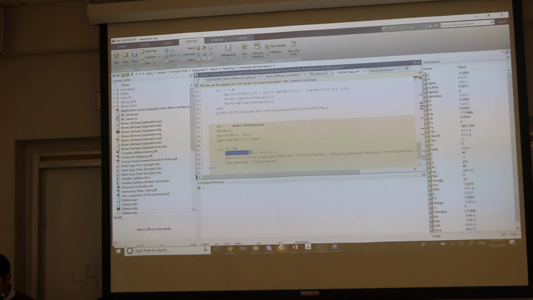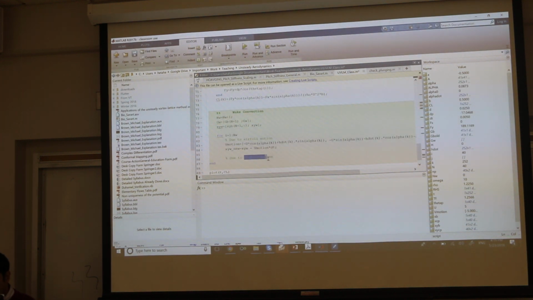The second part, we said this is due to airfoil motion, then due to, you said, bound vortices, right? So due to bound vortices, what should I do? Biot-Savart, for each bound vortex on this point. Each means a for loop, J equals 1 up to what? N bound vortices, very good.